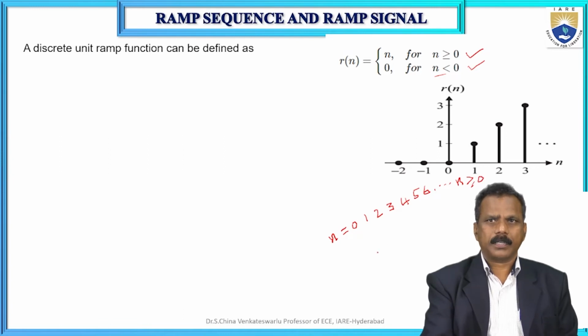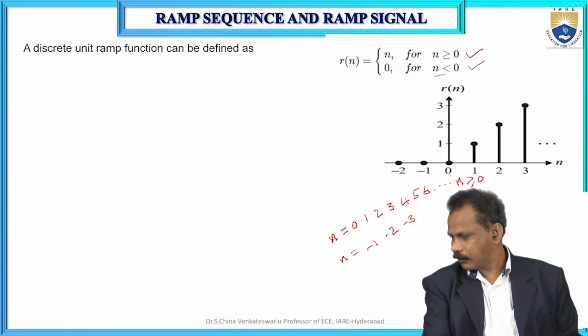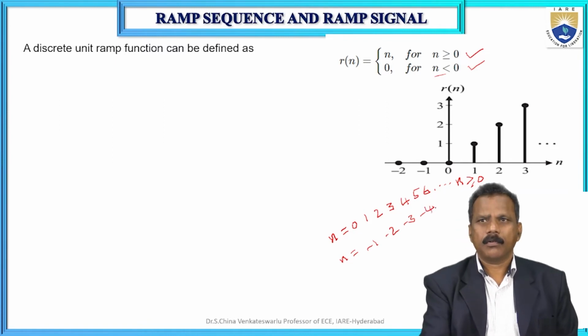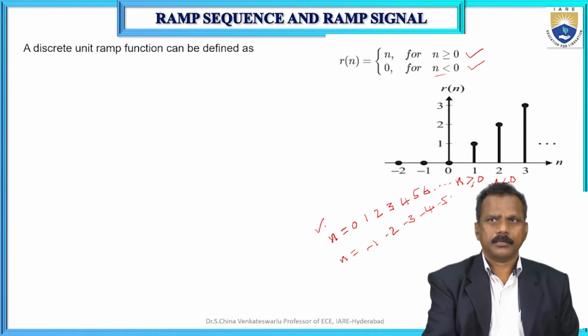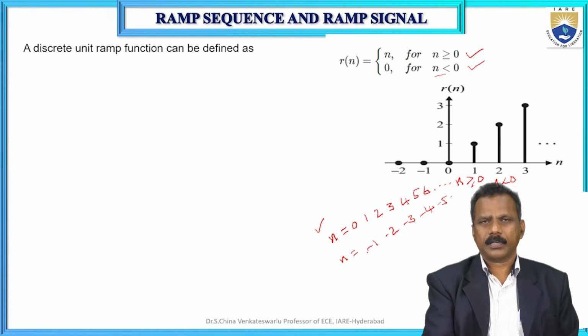Okay, this is one aspect. The other is where n is equal to minus 1, minus 2, minus 3, minus 4, minus 5 and so on, the condition where n is less than 0. With reference to all these n values, the discrete unit ramp function is denoted as r of n.